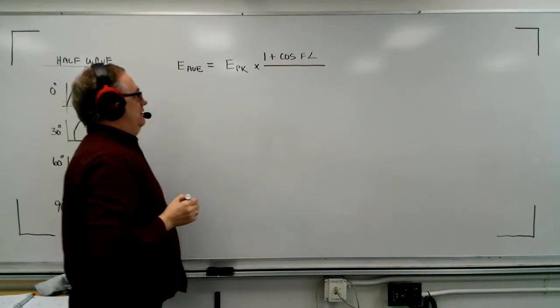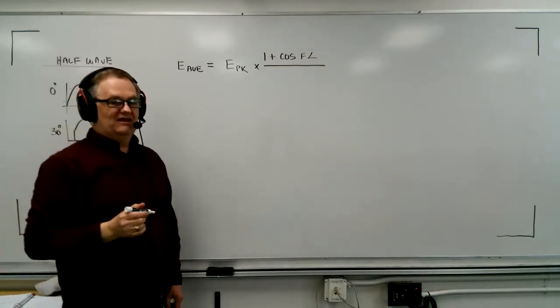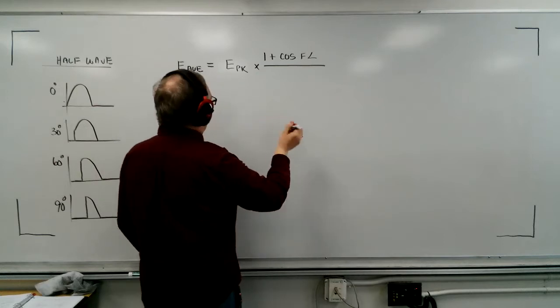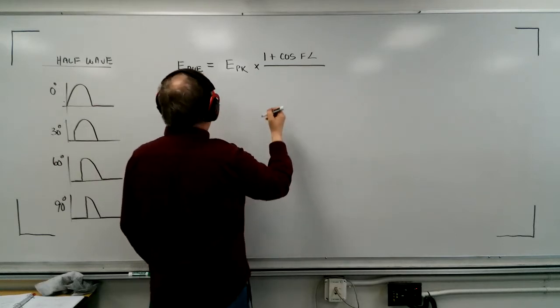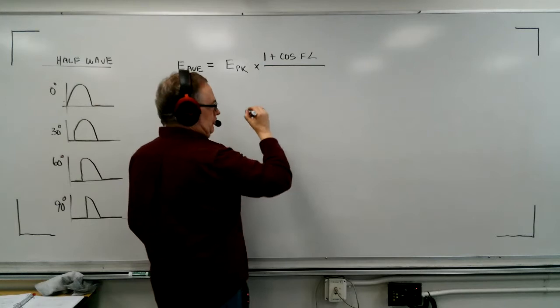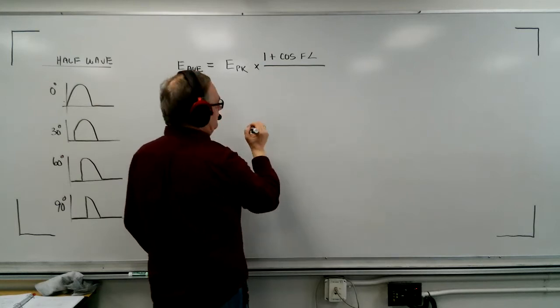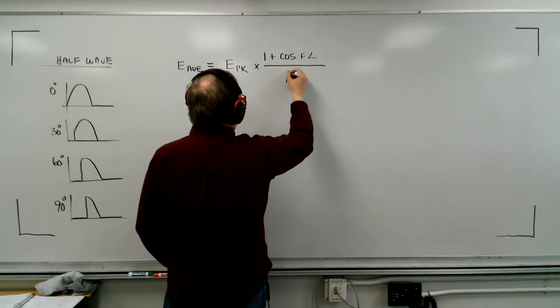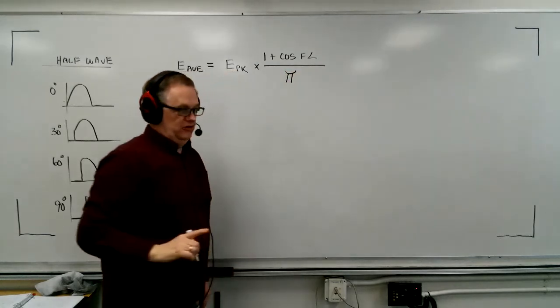Now, up to this point, it looks like the exact same formula, doesn't it? And yes, it is, but seeing as we're now dealing with two alternations instead of just one, we only divide by pi, not 2 pi.